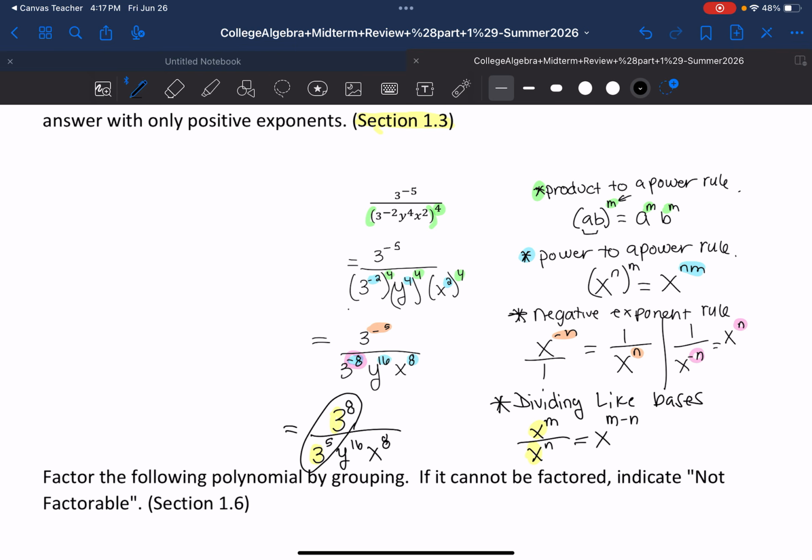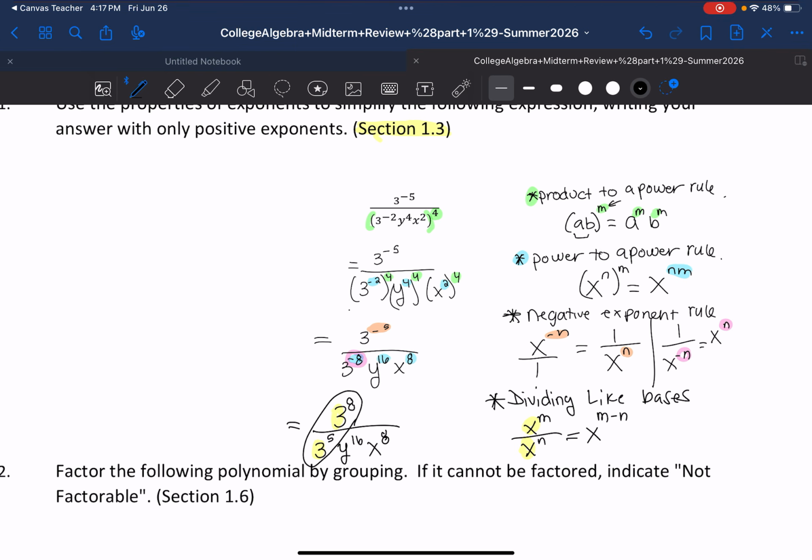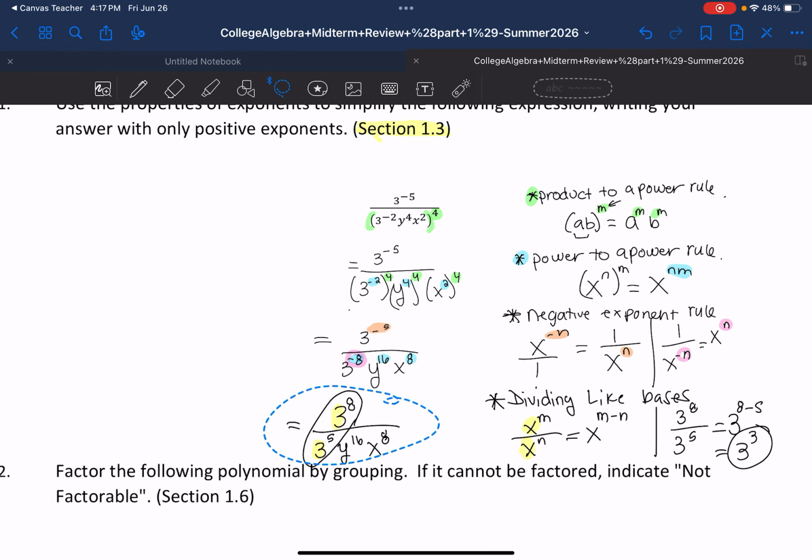So 3 to the 8th power over 3 to the 5th power is 3 to the 8 minus 5 power, which is 3 cubed. And because this is a positive exponent that I got, that will stay on top.